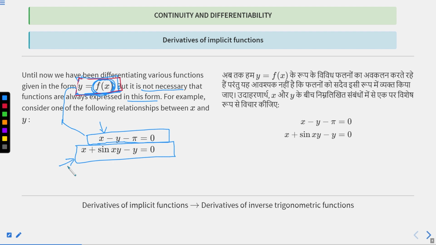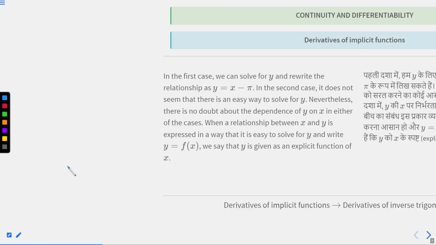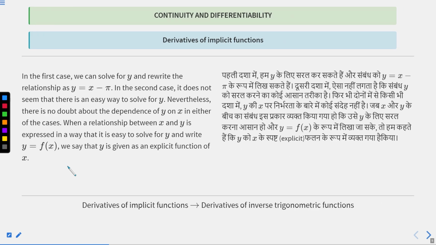So in the first case we can solve for y and write y is equal to x minus pi. This is now of the form y is equal to f of x. In the second case, it does not seem that there is an easy way to solve for y.